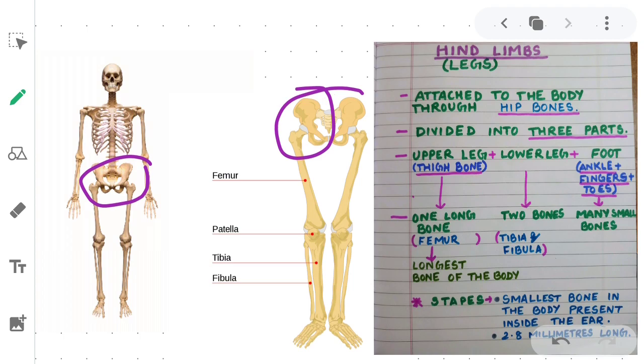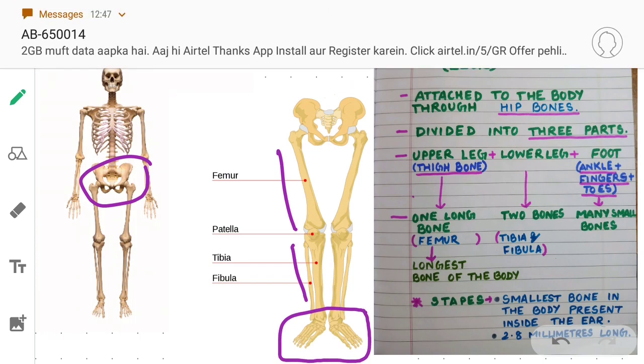Like the forelimbs, the hind limbs are also divided into three parts. Here in the diagram you can observe the three parts of the hind limbs. This is the upper leg, this is the lower leg, and the third part is the foot region.